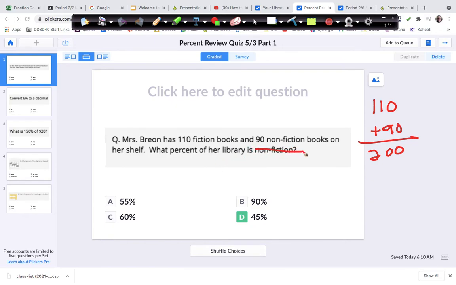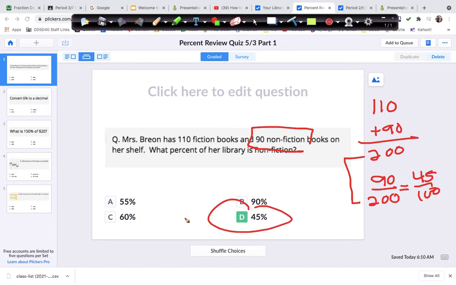So 90 are nonfiction. So that's the part. So that's going to be the numerator out of the whole. And the whole amount is not in here. You have to add it together to get that. So 90 out of 200 is the same as 45 out of 100 if I just split those in half. And that's what gave us that 45%.